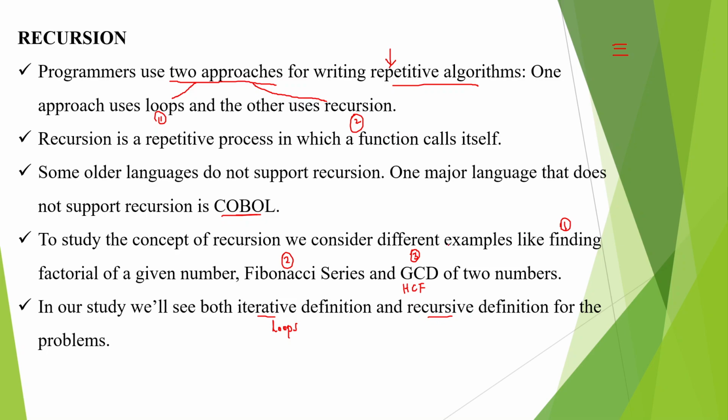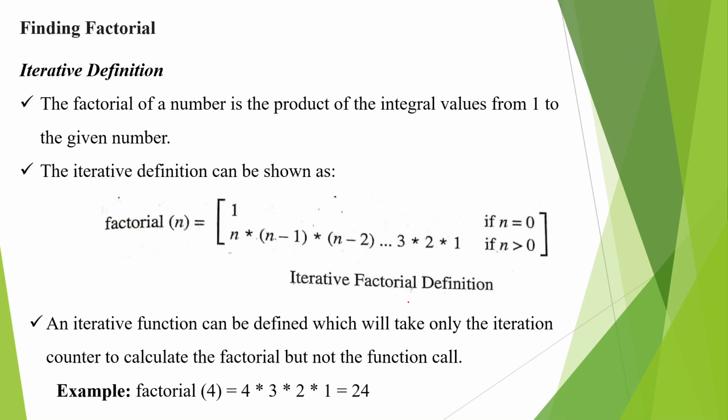For all three problems we will see both: using loops we will see the solution, and using recursion we will see the solution. Hopefully you understood. So let us quickly get into the first thing, finding the factorial of a given number.